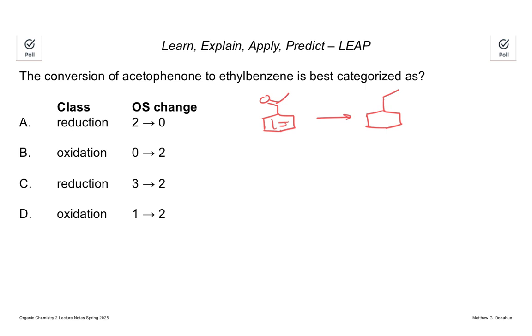We said acetophenone was oxidation state 2. Ethyl benzene was 0. If the number goes down, it has to be a reduction. So the correct answer is A. It's going from 2 to 0.